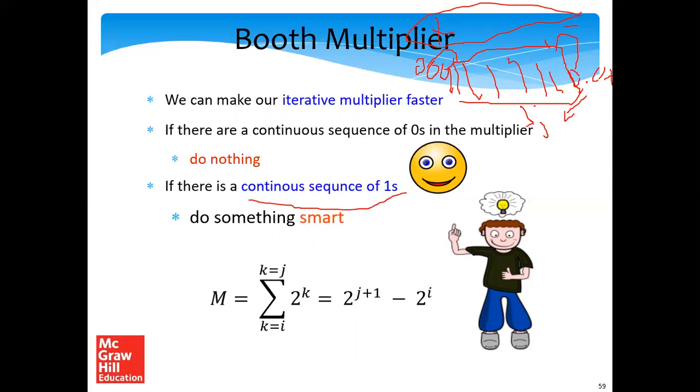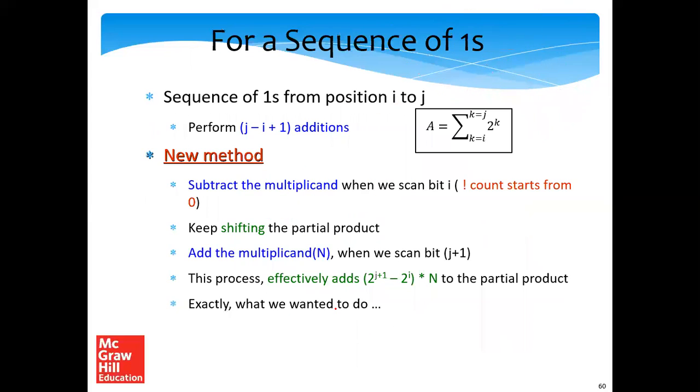If the previous bit is 0 and the next bit is 1, then we negate the number. If the previous bit is 1 and the current bit is 0, then we add here. So if we shift 111 to the right, this becomes 2 to the power j plus 1 minus 2 to the power k, like a GP summation.